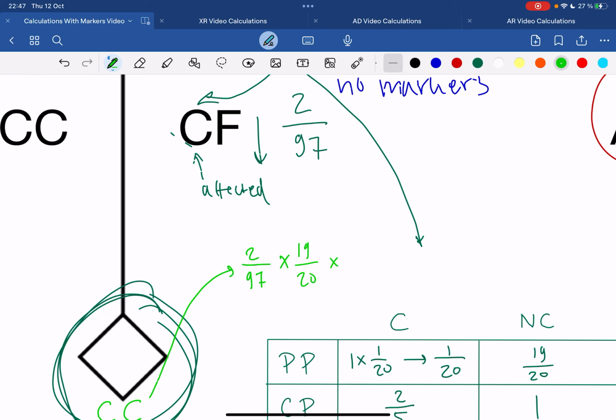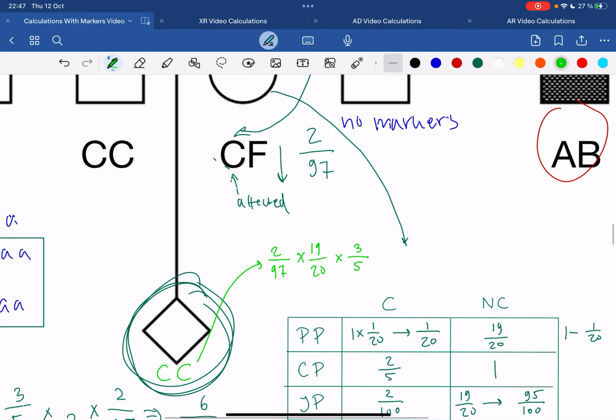And then we multiply it, of course, by the penetrance, because there's still a chance that this kid escapes the penetrance. And this will be equal to a number that I haven't written down, but I will calculate it for you guys right now. 97 times 20 times 5 equals 9,700 divided by, or then 2 times 19 times 3 is 114.